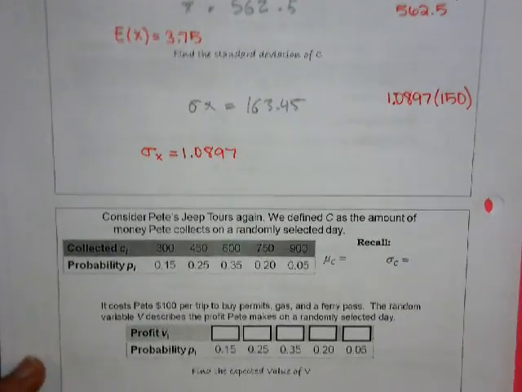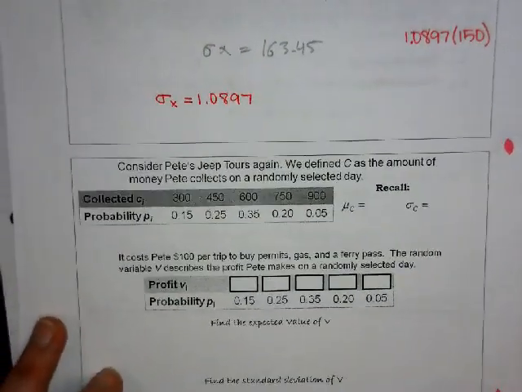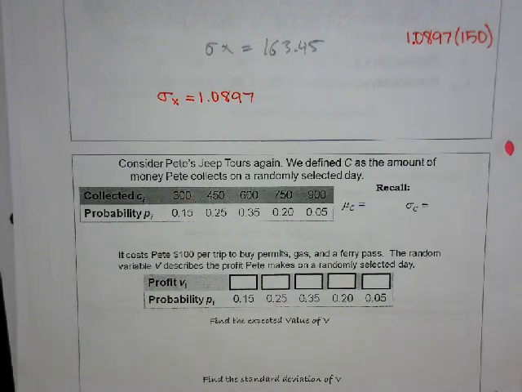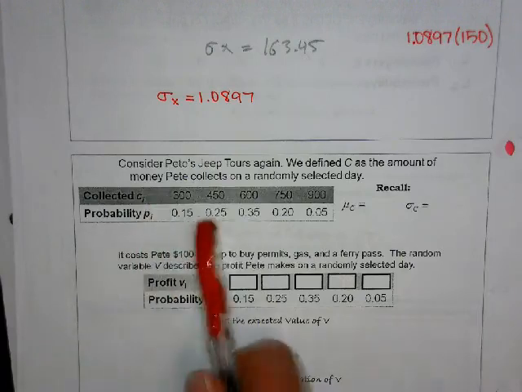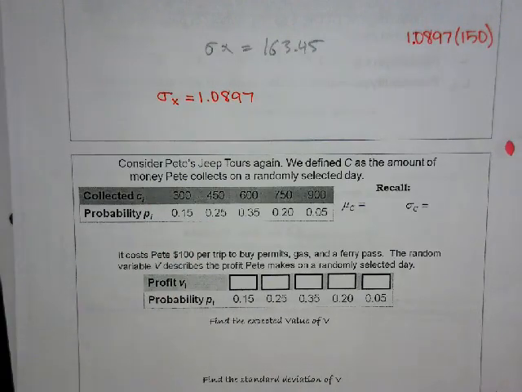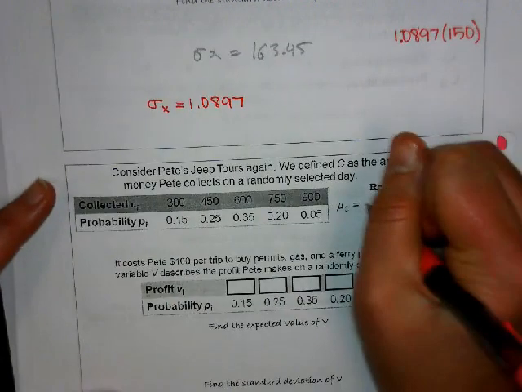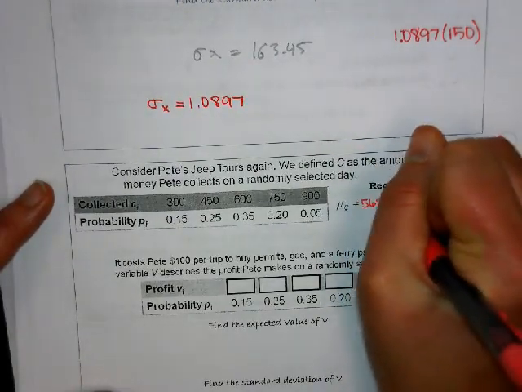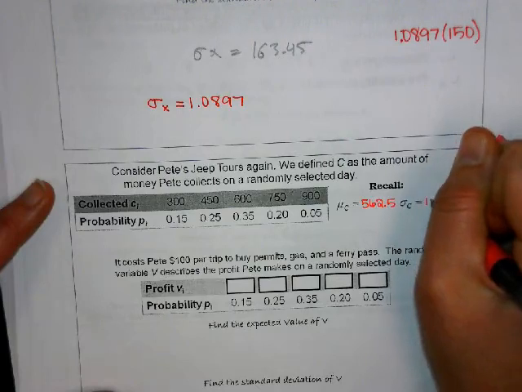Alright, so down below, still working with Pete and his Jeep tours. C was the amount of money that Pete collected on a randomly selected day, so I just copied the table down below. Our mean for the amount of money he collected was 562.5. Standard deviation 163.45.